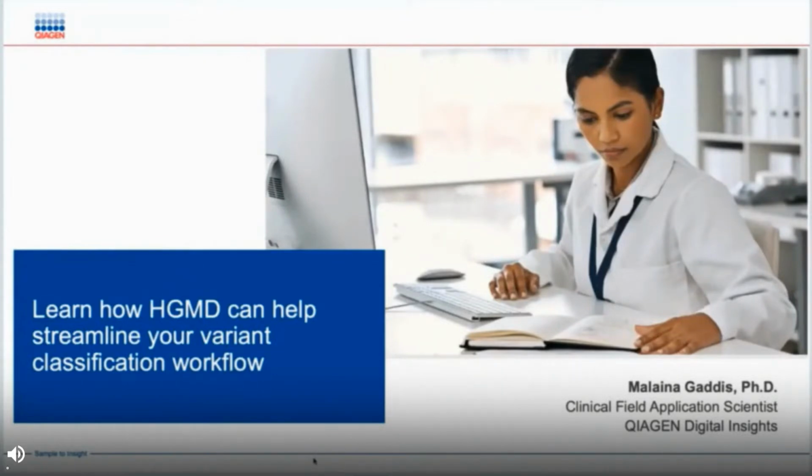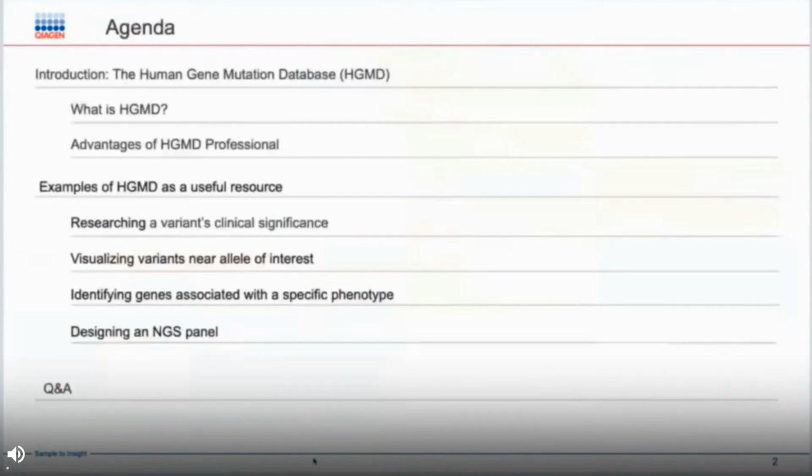And thank you all for joining today as we talk about different ways that HGMD can help streamline your variant classification workflow. I'd first like to go over the overview of what we're going to be discussing today. First, we're going to talk about what the Human Gene Mutation Database, HGMD, is, and then also some advantages of HGMD Professional.